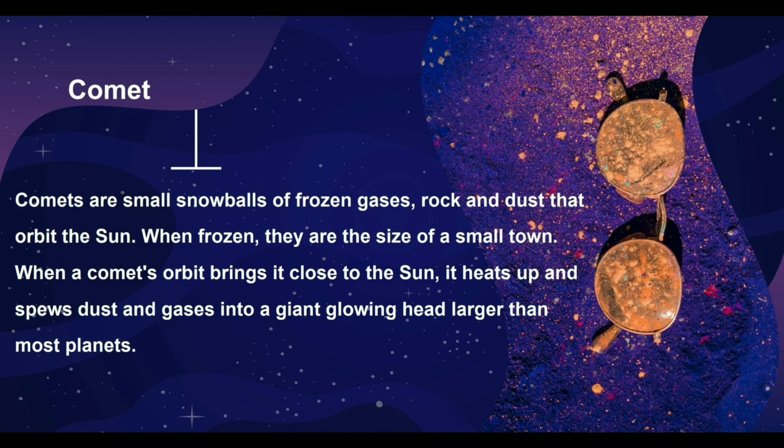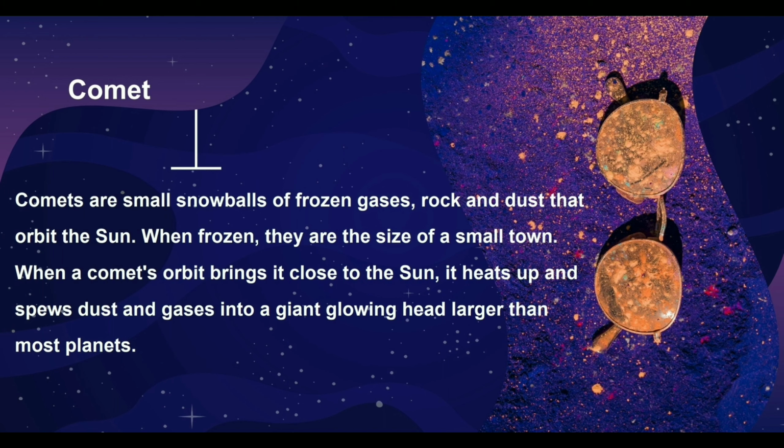However, when a comet's orbit brings it close to the sun, it heats up. So it's now excited, it's now blossoming into its true form. And when it heats up, it spews dust and gases into a giant glowing head larger than most planets. So you can imagine it started out as a tiny frozen thing, referred to as a small town.